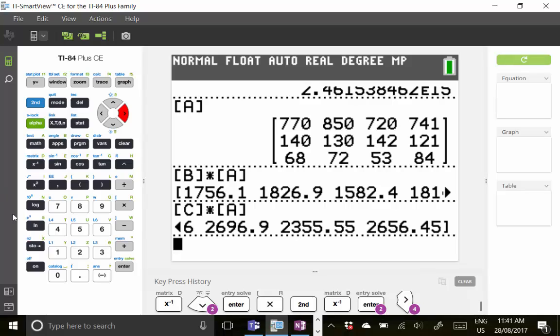All right. So what I can do to work out my profit is I can do the following calculation. Okay, if I did C times A take B times A, that will tell me how much money I make. So let's do that.